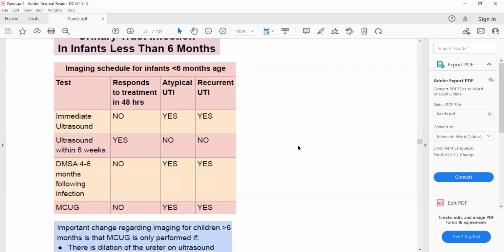There are 2 reasons for that. In children above 6 months of age, vesico-ureteric reflux due to abnormal implantation of the ureter is much less common. If it's present, it could be diagnosed before 6 months of age. So that's why unnecessary exposure to radiation does more harm than good to children who are above 6 months of age. NICE does not recommend MCUG in older children. Oh, okay. Got it. Thank you.